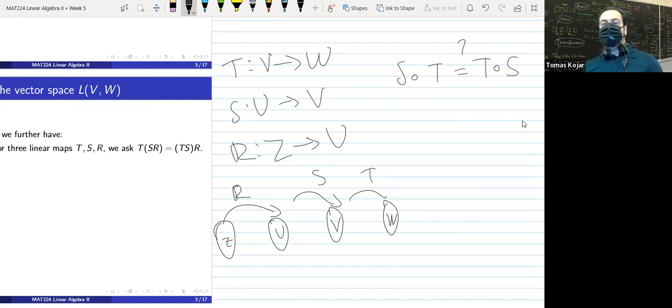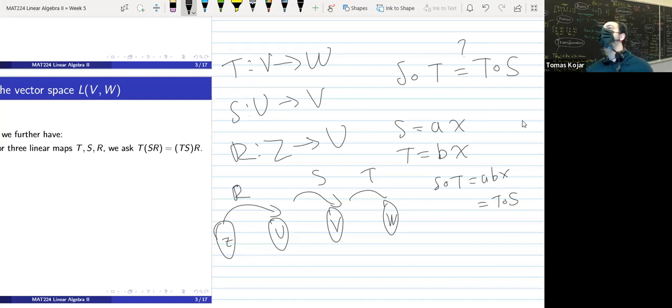There are cases where you can. Take linear maps, S to be aX and T to be bX. You can swap them, because they both equal abX. But what's an example where it fails? Anybody? No?